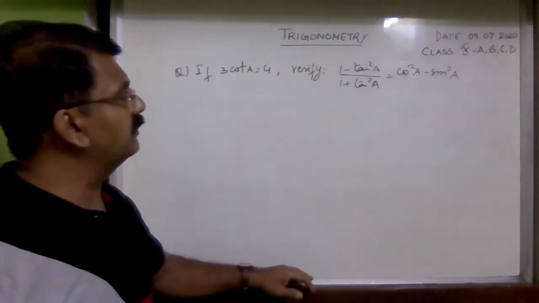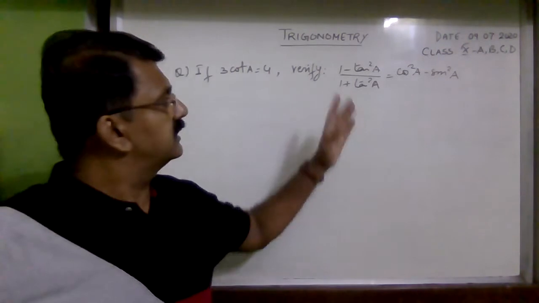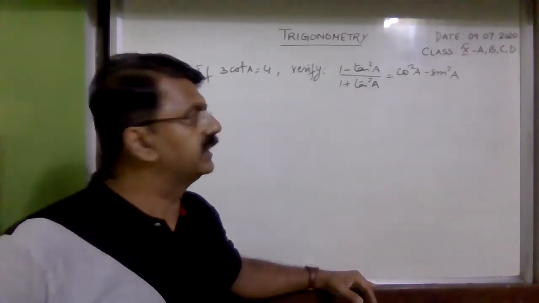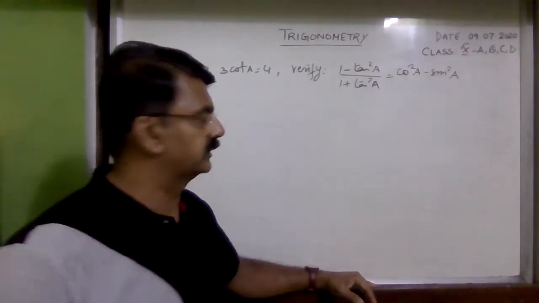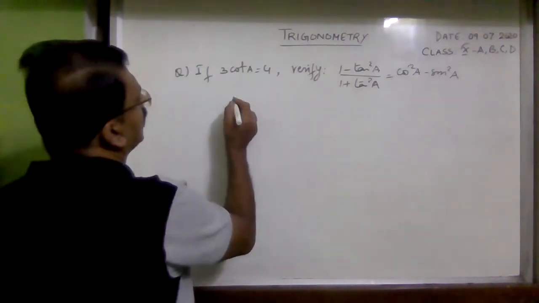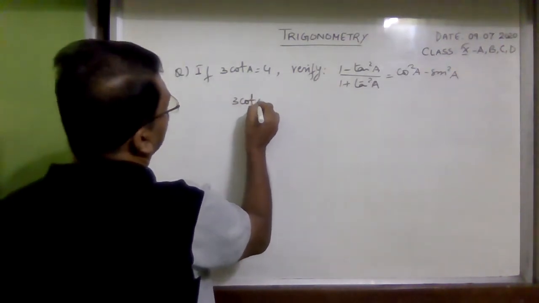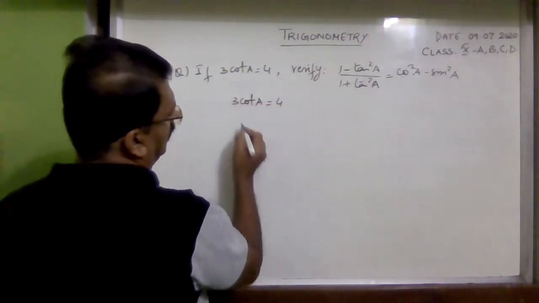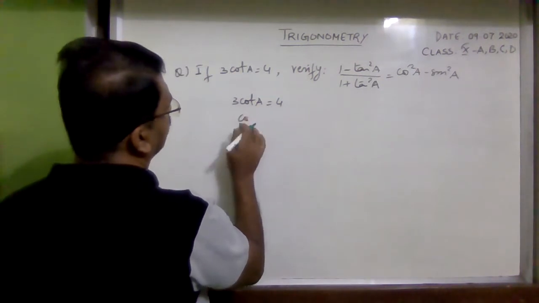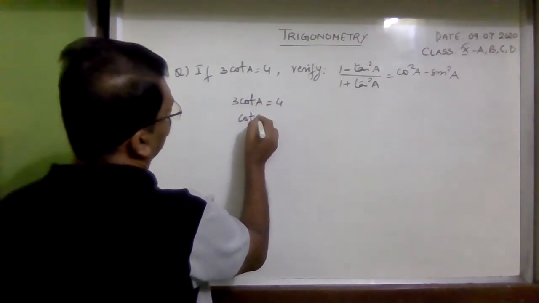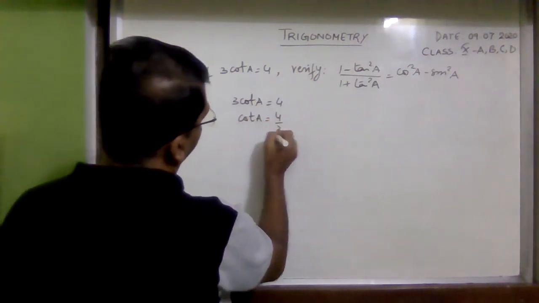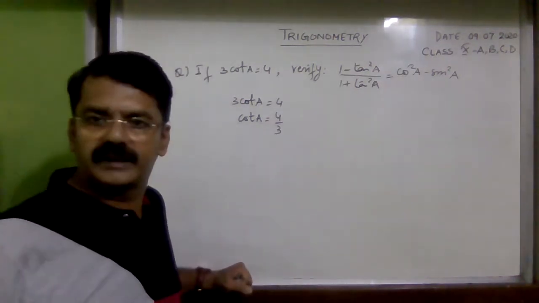Now you have to verify whether that relation is true or false, means whether the left hand side is equal to right hand side or not. So first of all, 3 cot A is equal to 4, so cot A will be equal to 4 by 3.